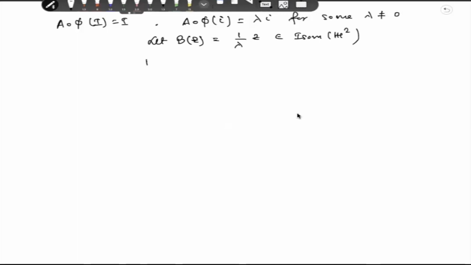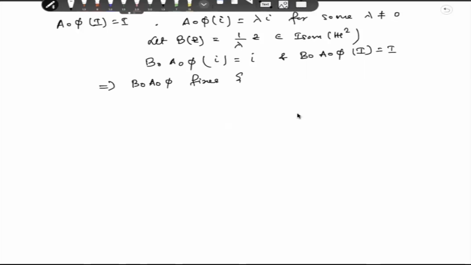Now if I take B compose A compose phi, this will fix the imaginary number I, and B also fixes the imaginary axis, because B fixes the imaginary axis I. So this proves that B compose A compose phi fixes 0, infinity and the point I. Now suppose B compose A compose phi fixes 0 and infinity.